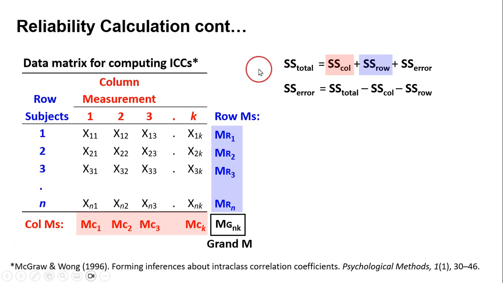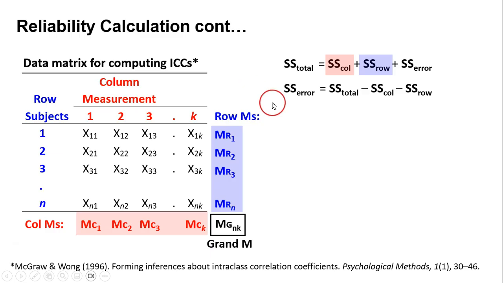Because remember, what we're trying to find is a reasonable substitute for the true variability in terms of the subject responses across the different measurements, because we're trying to get at the reliability of the responses.